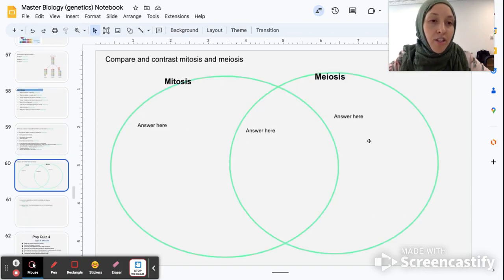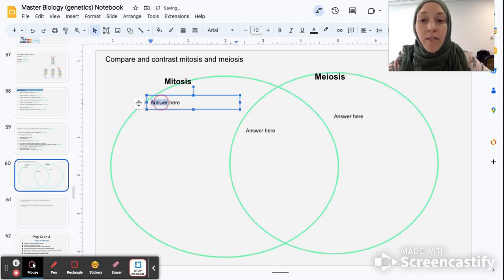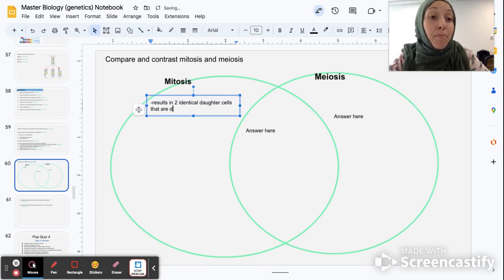Let's just compare and contrast mitosis and meiosis. Mitosis results in two identical daughter cells that are diploid, okay?